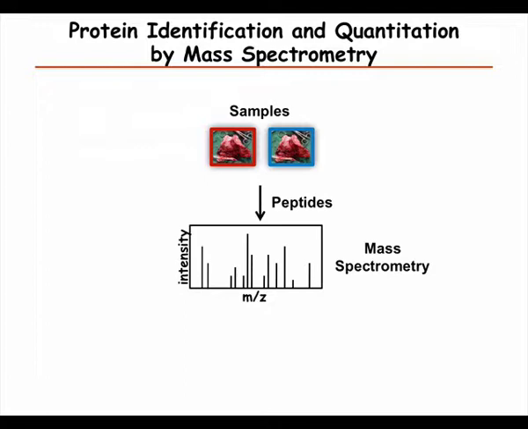And there are 2 things that are measured in mass spectrometry. One is the mass to charge ratio, and this can be measured very accurately and will give you the identity of the peptides. And then the intensity, which is not measured as accurately as the mass to charge ratio, will give the quantity.